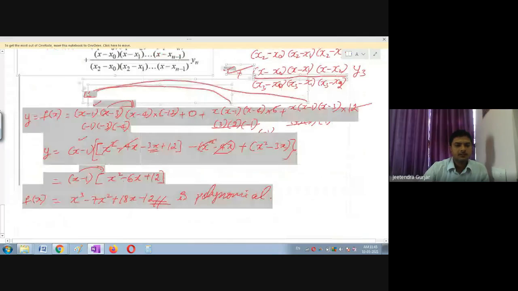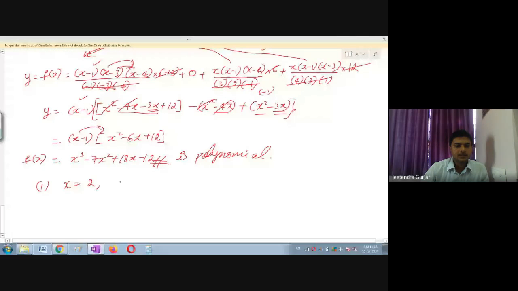So I will take first case, x is equal to 2. Therefore f of 2 will be equal to 2 cube minus 7 into 2 square plus 18 into 2 minus 12. So find the answer.